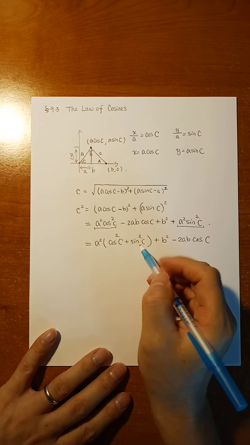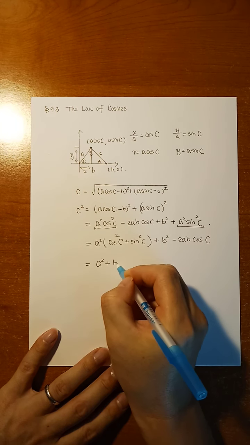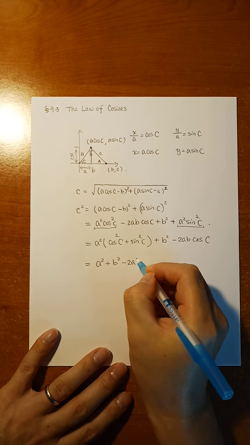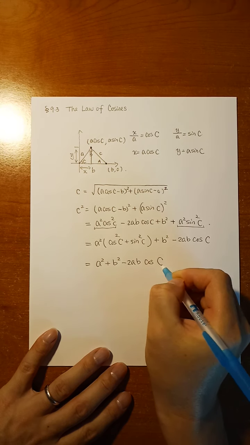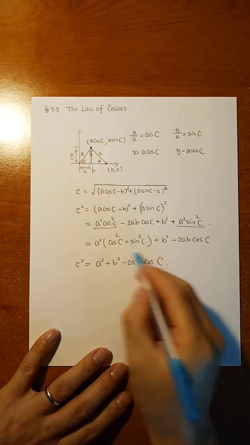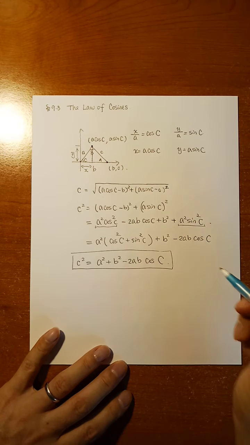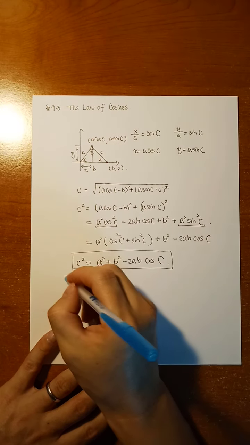Cosine squared plus sine squared is 1. So we have A squared plus B squared minus 2AB cosine of C. And this is C squared, right? C squared is equal to this. So I copy C squared here. And this is called the law of cosines.